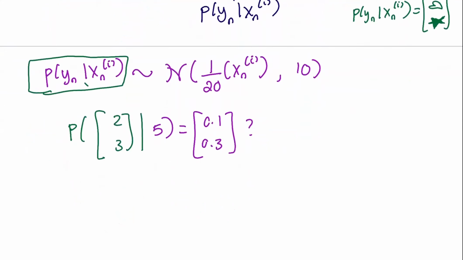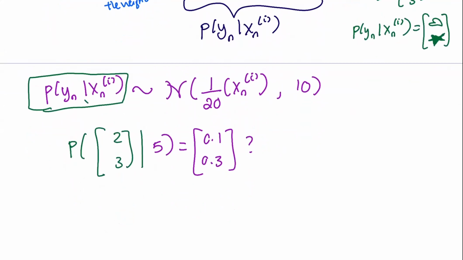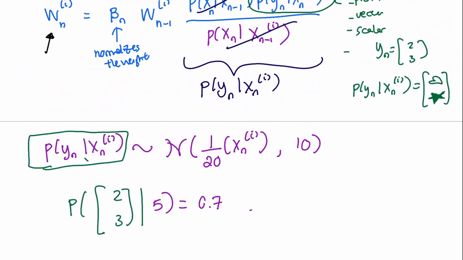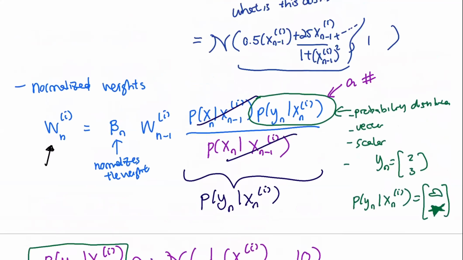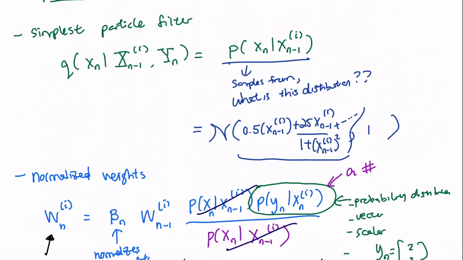Right. So one thing about probability is, regardless of what this is, it always has to be a number, right? It's the probability of this thing. So probability of 2, 3 has to be a single scalar. So here, you should expect a number, and it makes sense to get a number because the weight is a number, associated with every xn, every sample.